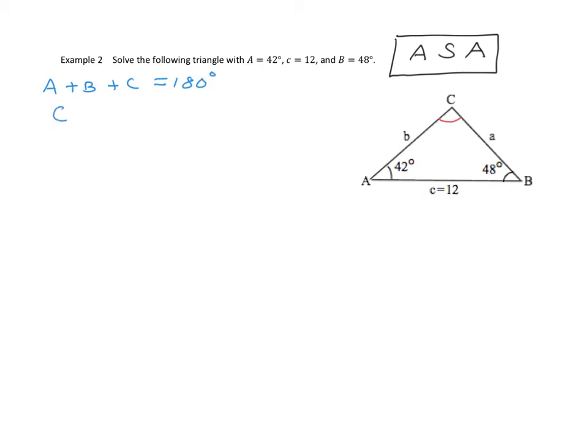Therefore, if you want to know the measure of angle C, you can take 180 degrees, subtract off the measure of angle A, which is 42 degrees, but also subtract off the measure of angle B, which is 48 degrees. So I'm just typing this in, don't want to make a mistake here. And C is actually a 90-degree angle.